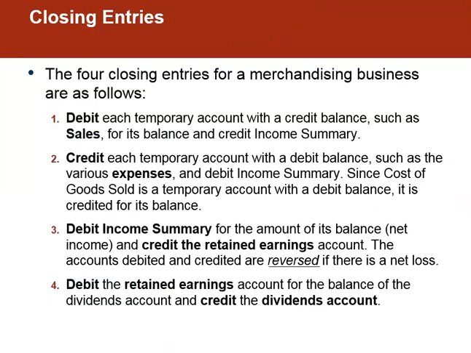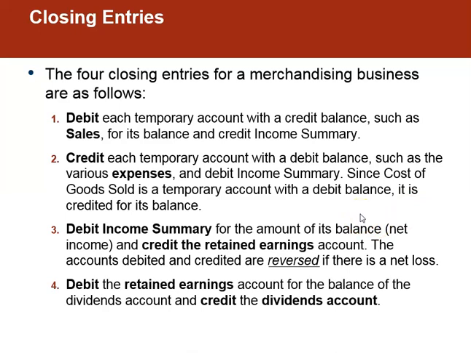All right, and then our closing entries are the exact same as they were for the service-related business. There's really no difference whatsoever in the closing process for a retailer versus a service-related business. We're going to close out all of our temporary accounts, just like we did for the service-related business.